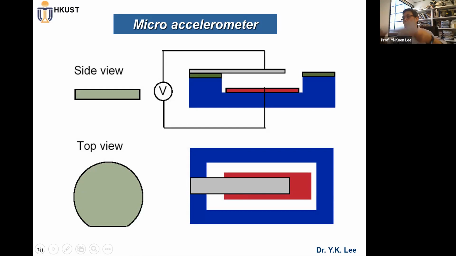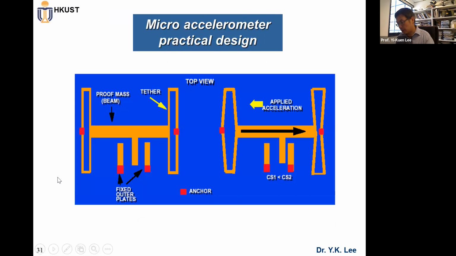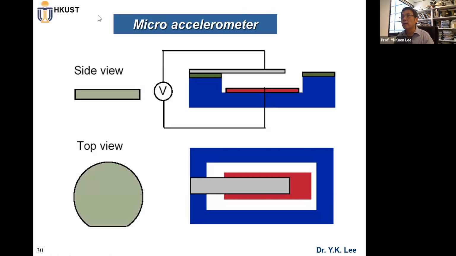Input vibration causes deformation of this micro spring. Then if we can convert this deformation of the micro spring into an electric signal, we can measure the acceleration. So that is the basic introduction to how we can make this kind of accelerometer.